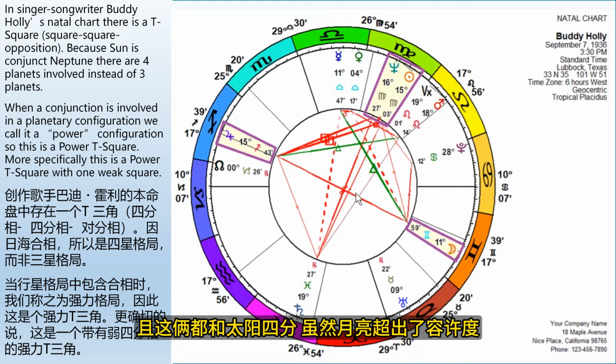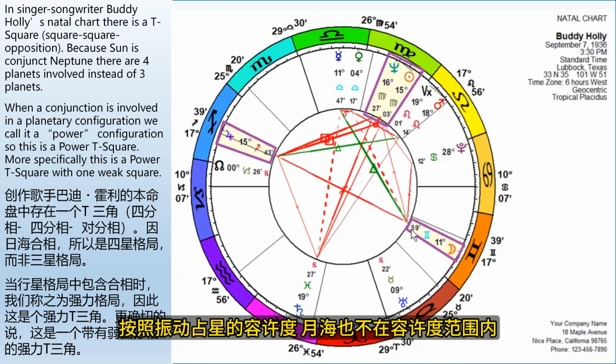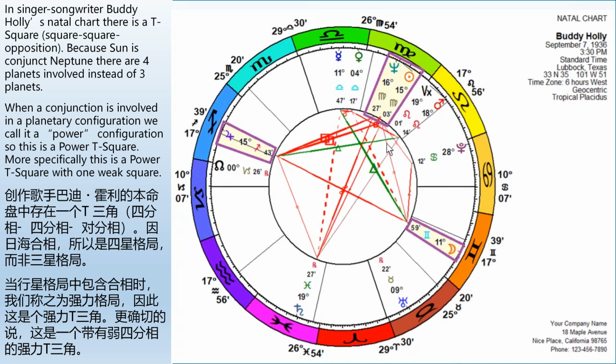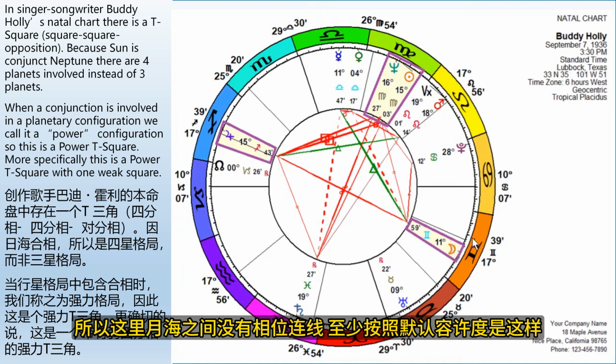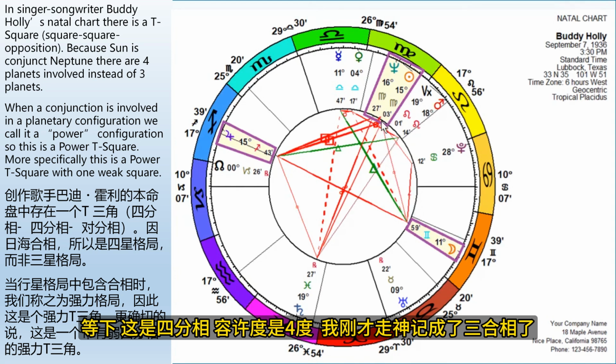The Moon is out of orb, using the orb we have in vibrational astrology, to Neptune. So what do we have here? It's not showing that line to Neptune, at least according to the orbs that are used here. Oh yeah, square. Square is a 4-degree orb.